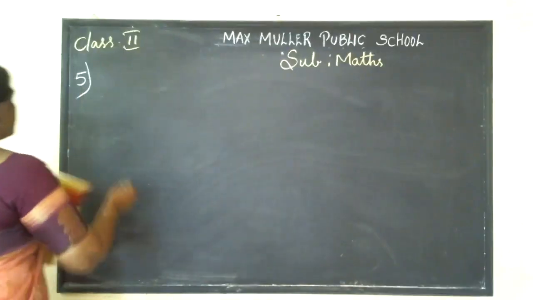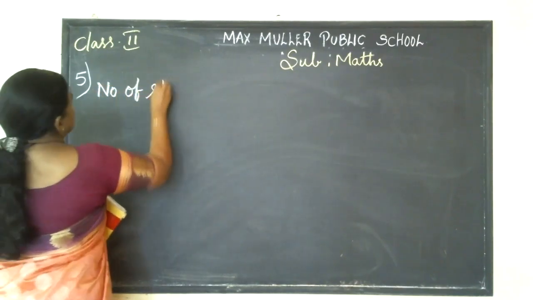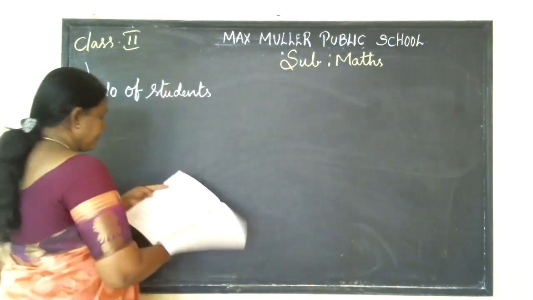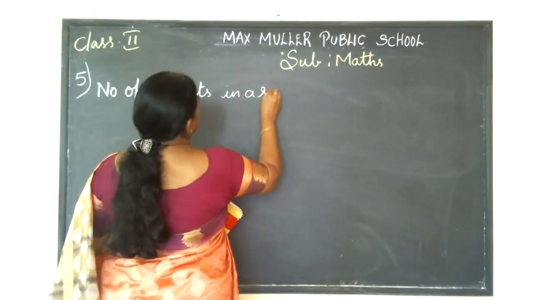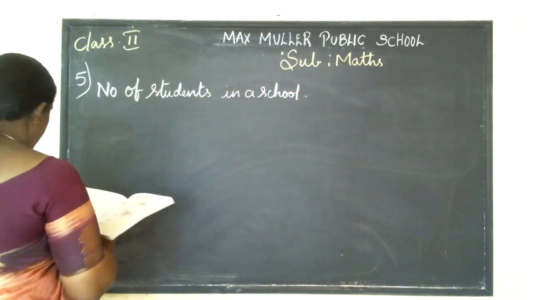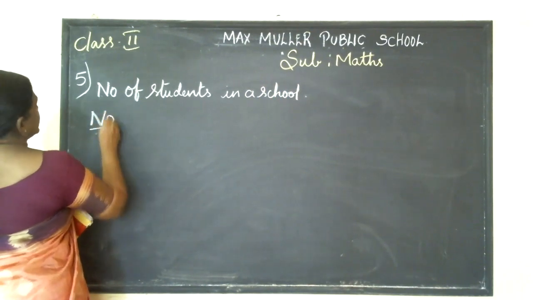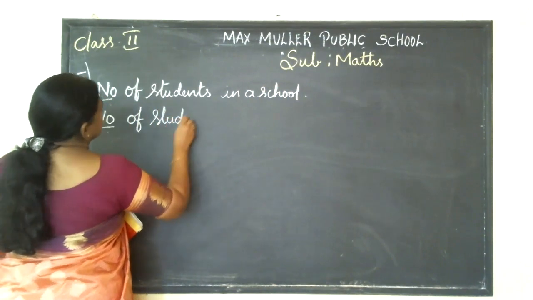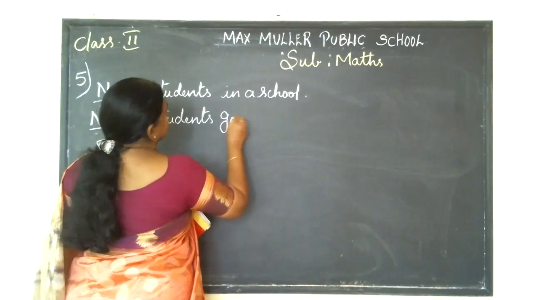First, number of students in a school. Number of students going on a trip.